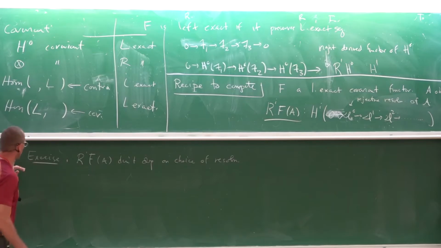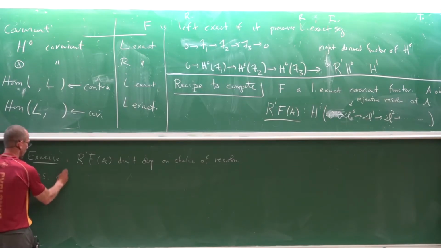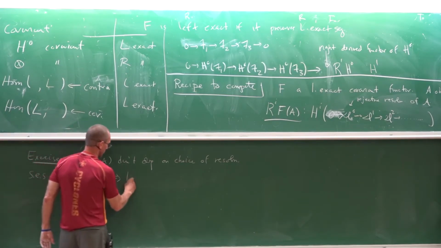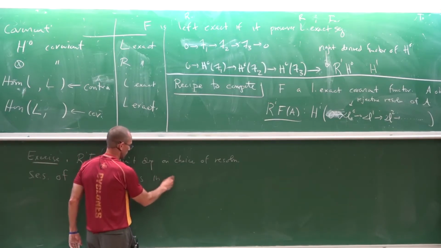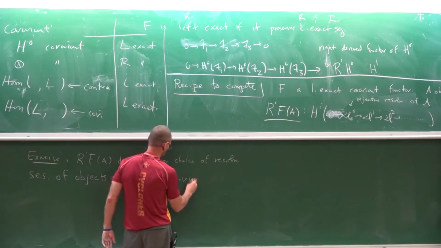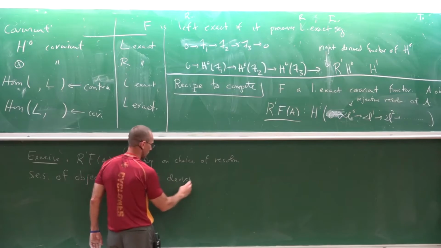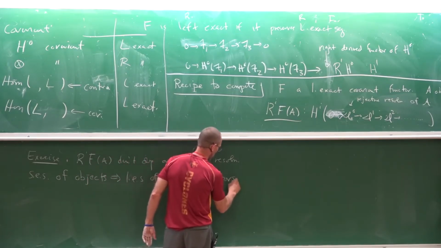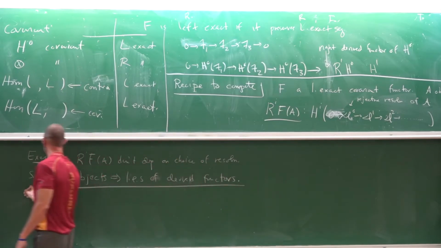The reason that they're useful is that a short exact sequence of objects yields a long exact sequence in derived functors. All right, so this is what we would like.